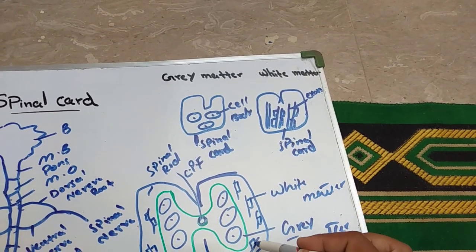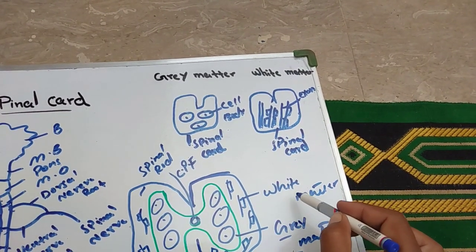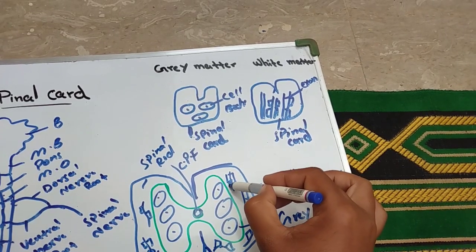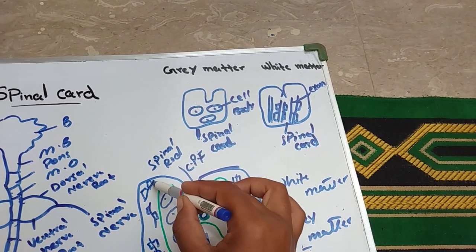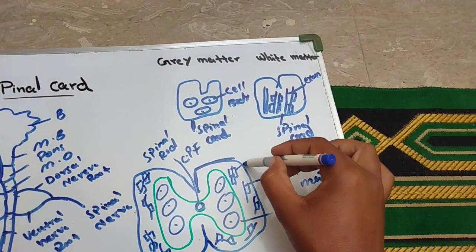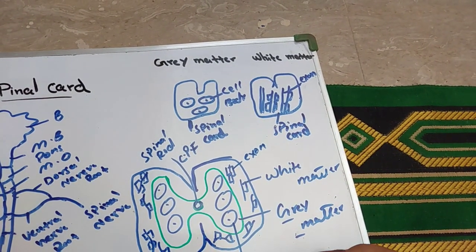Fat is white in color. That's why this area is called white matter, because myelinated axons are present here. This is the axon, and this is the cell body.